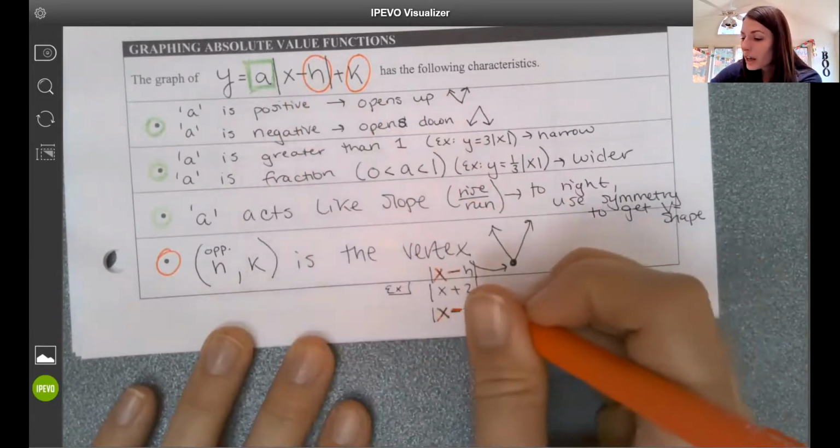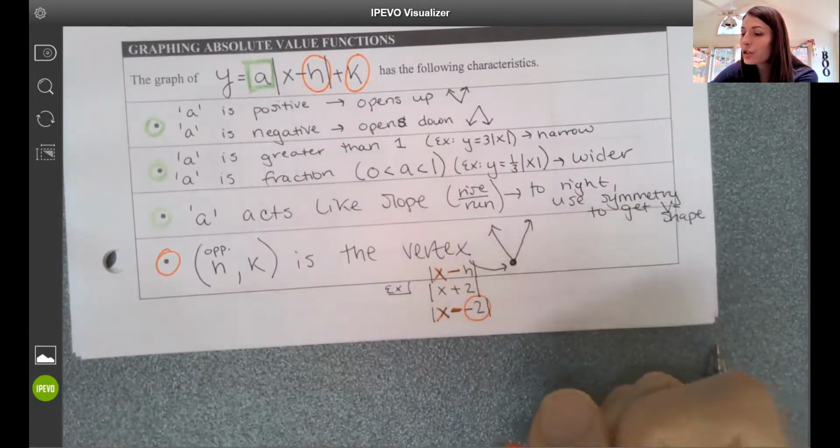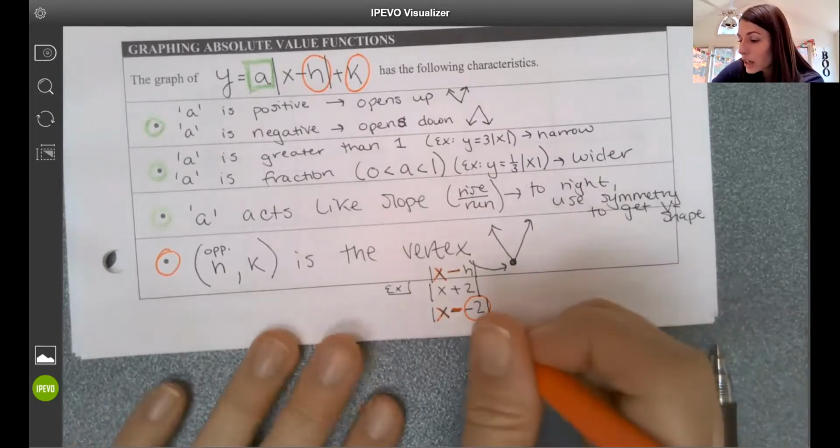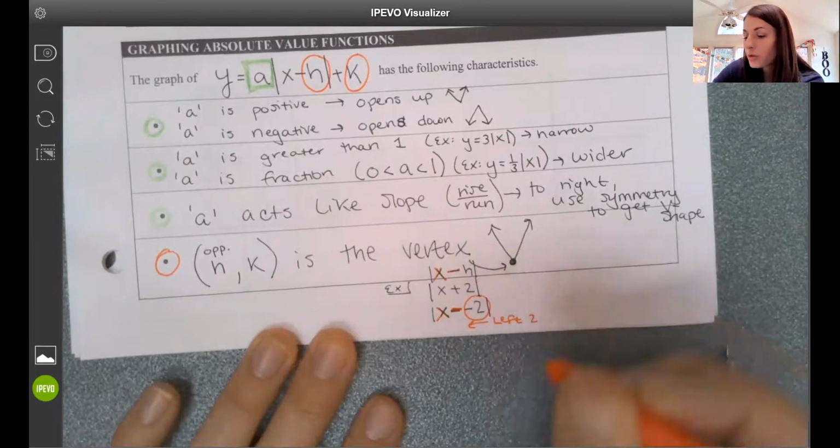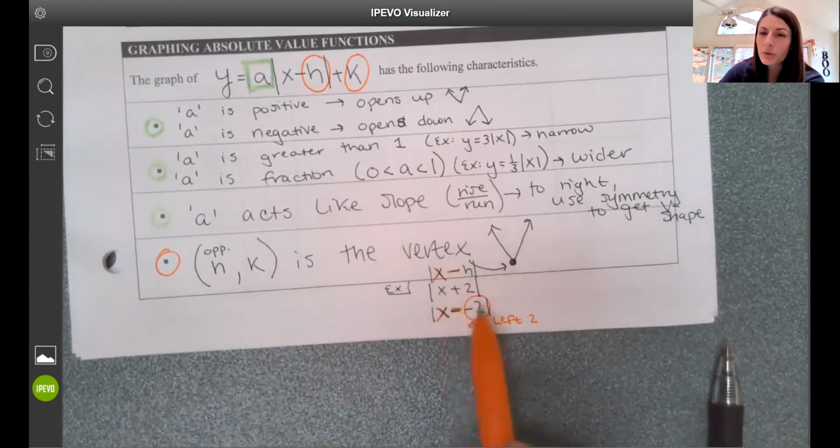And that's also why when we added 2 up above, we actually went to the left 2, because it is the opposite of what you may think. When I add 2, I actually go backwards 2, but that's because of this setup where it's actually X subtract H in my general formula.